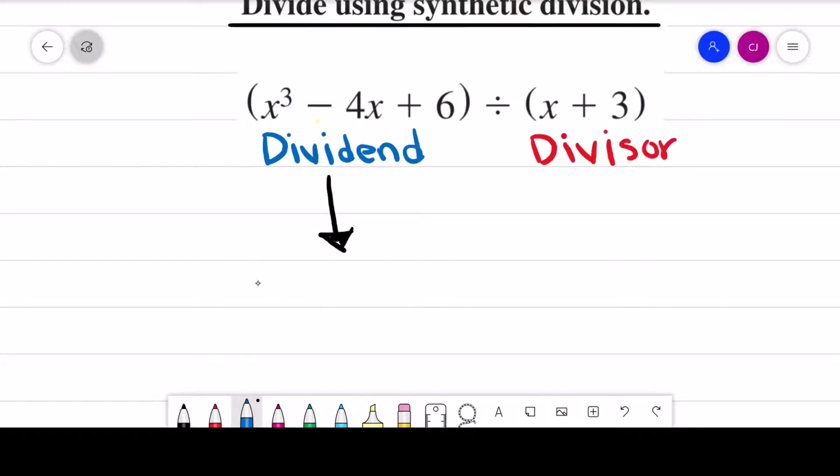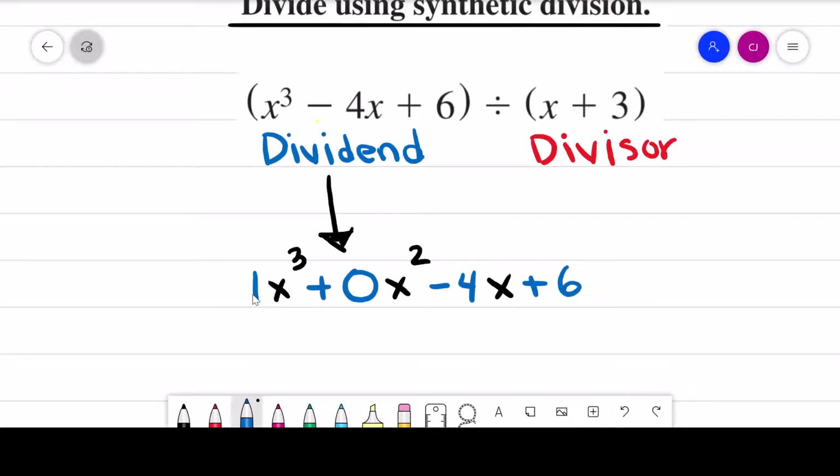So I'm going to write 1 x to the third, and I'm going to put in a placeholder for the missing term, which is x to the second, and I'm going to put in a 0, x to the second, minus 4x plus 6.